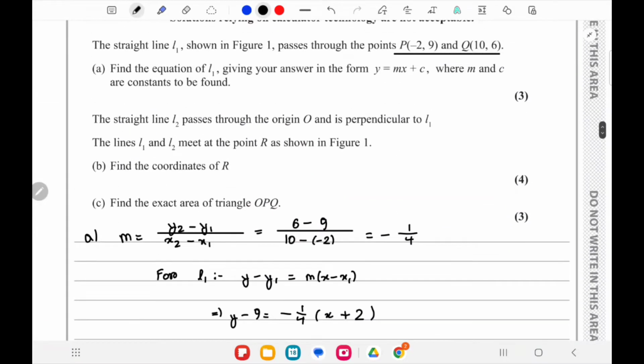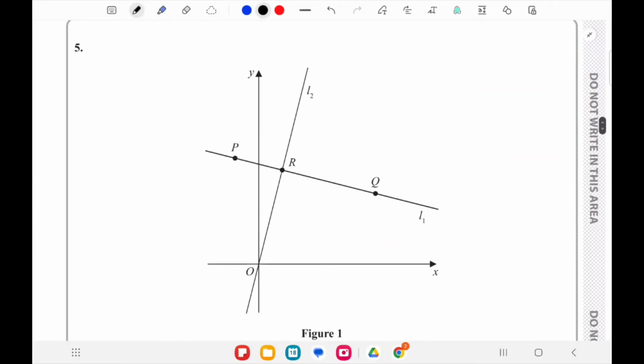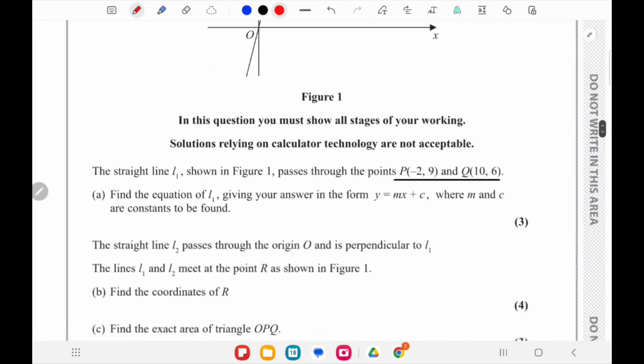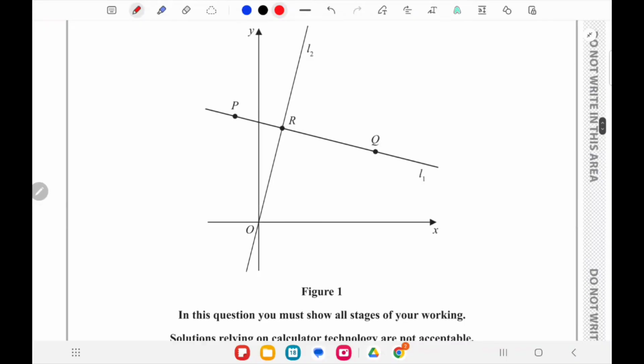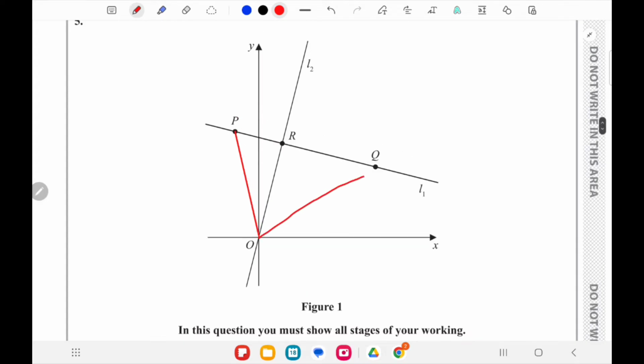Now for question C, we have to find the area of OPQ. The area of this triangle.